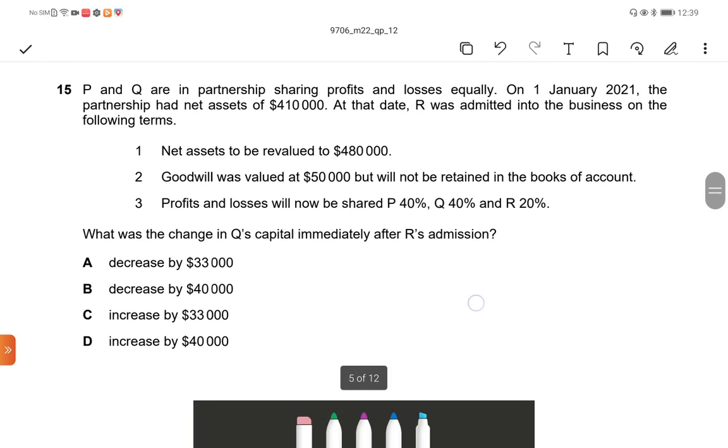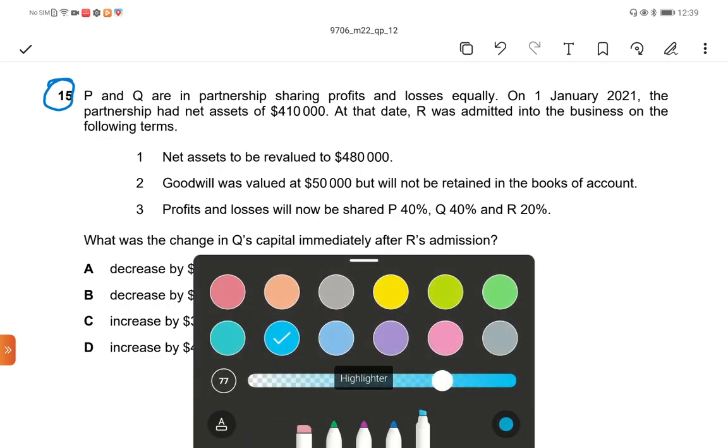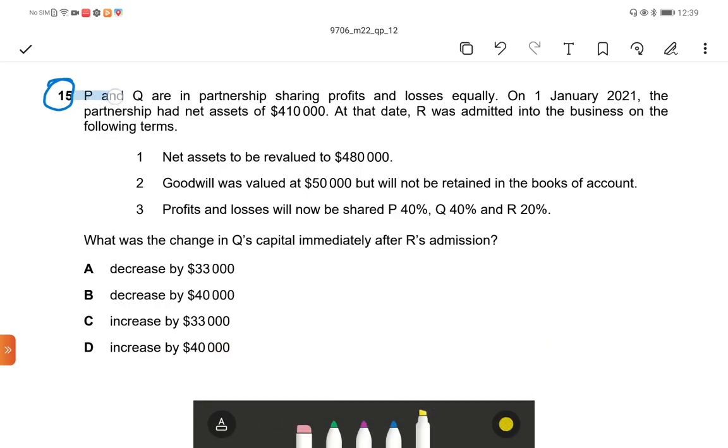Next, question number 15. P and Q are in partnership, sharing profits and losses equally. On 1st January 2021, the partnership had net asset 410,000.